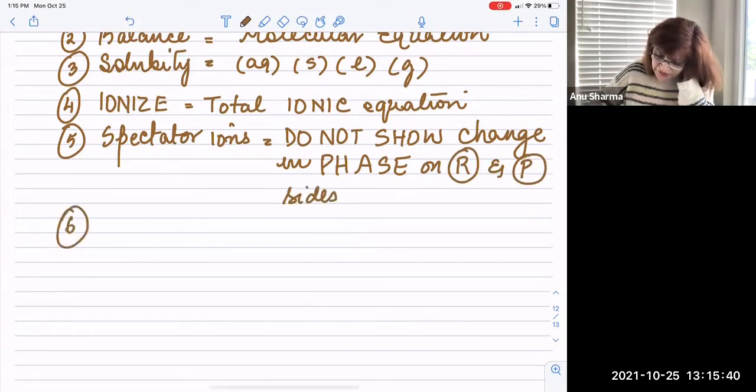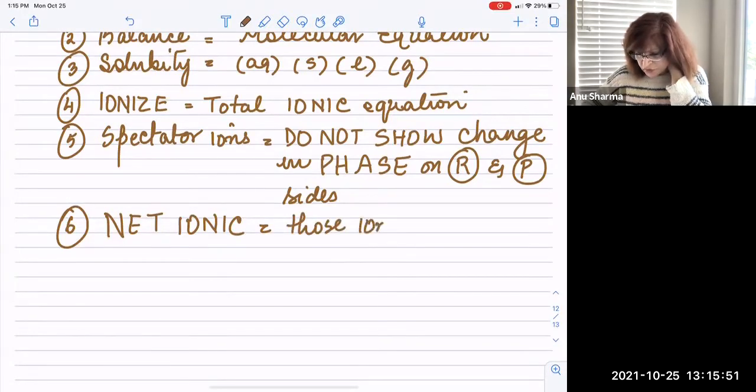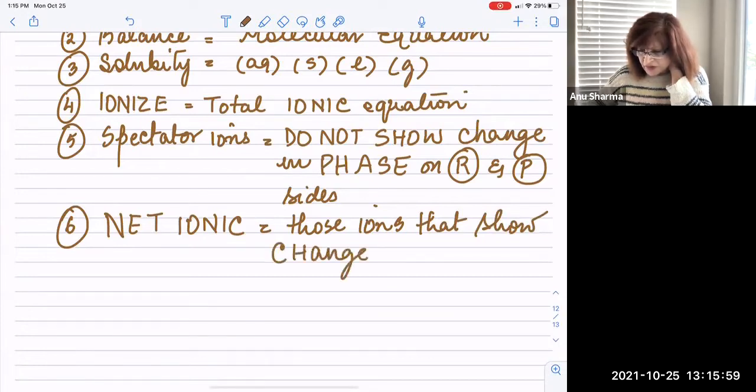Okay, then comes the net ionic. So what is a net ionic? Net ionic is those ions that show change of state. So those are shown there. Those ions that show change of state.